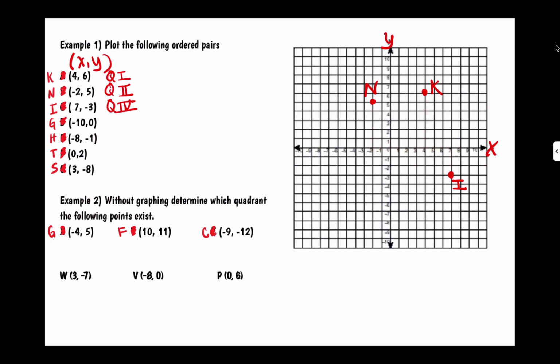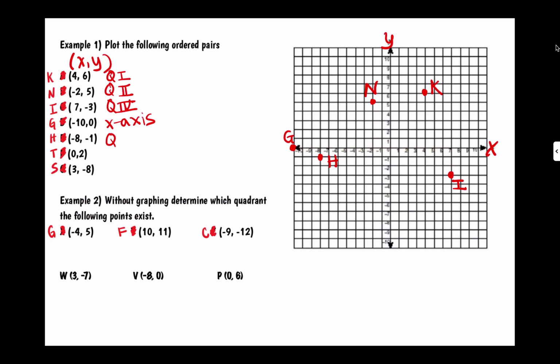G is at negative 10, 0. So you go all the way over to negative 10. And 0 means we don't move up or down, so we are right on the x-axis. Not on any quadrant. H is negative 8, 1. So go left 8, down 1.